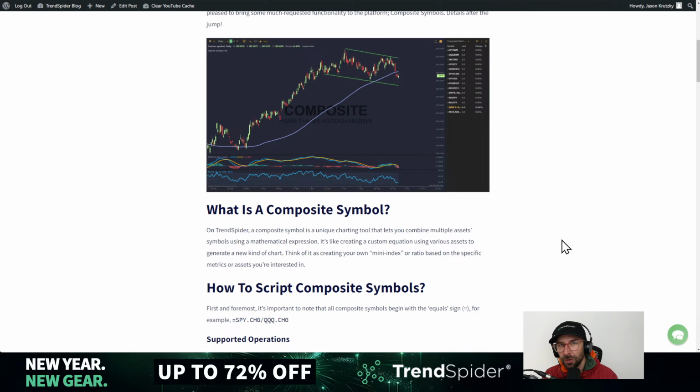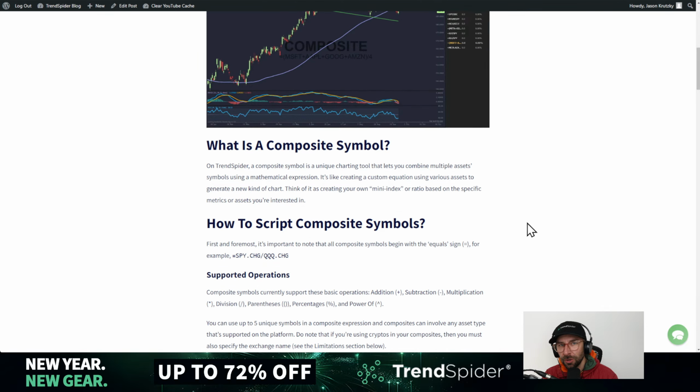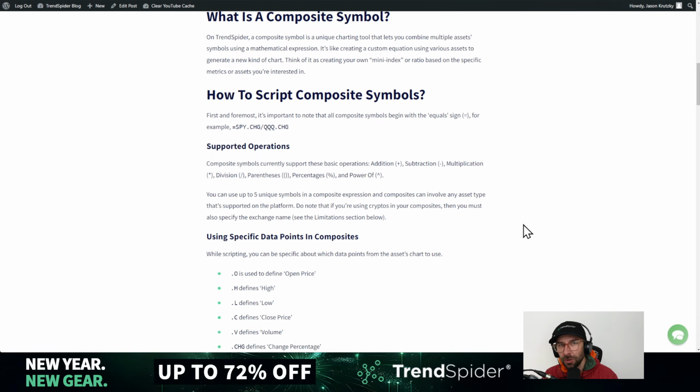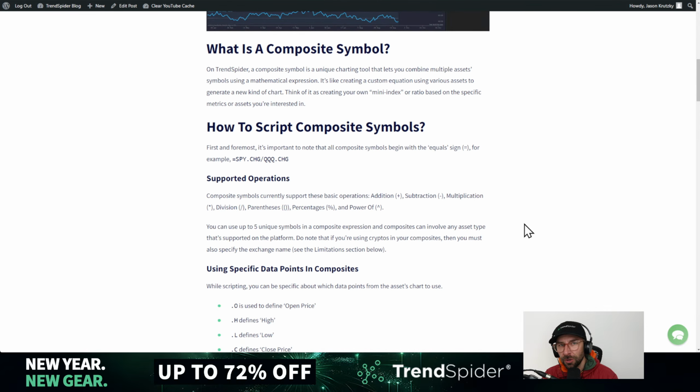So is this what you're looking for when you say pairs? So essentially a composite symbol is just utilizing multiple symbols to create a chart. I'm going to share this with you.